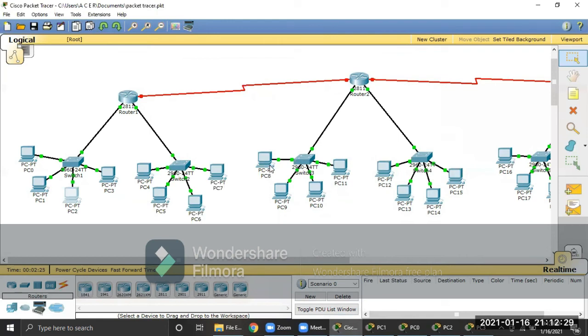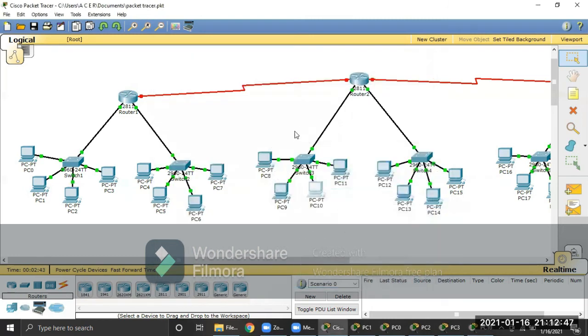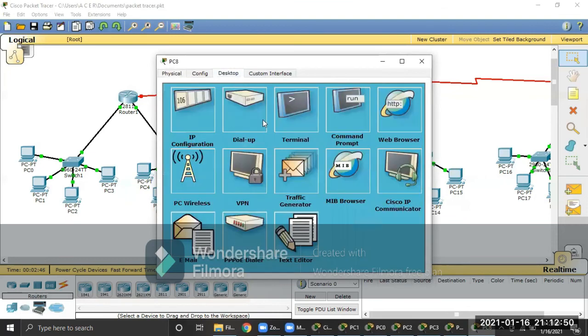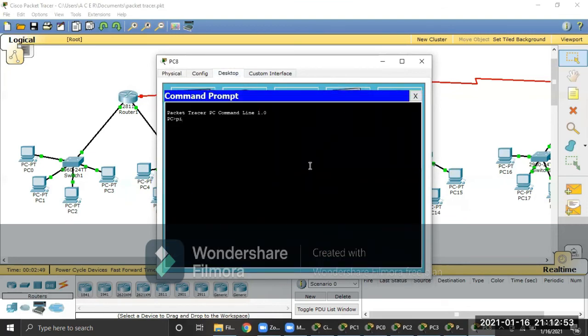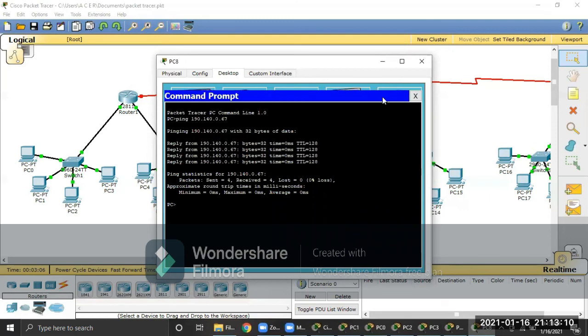We'll try to ping from PC8 to PC10. Take a look at the IP: 190.140.0.67. Enter. Well, it's successful.